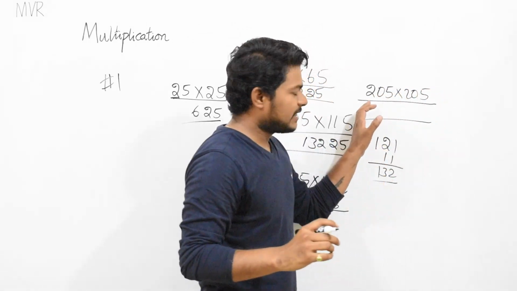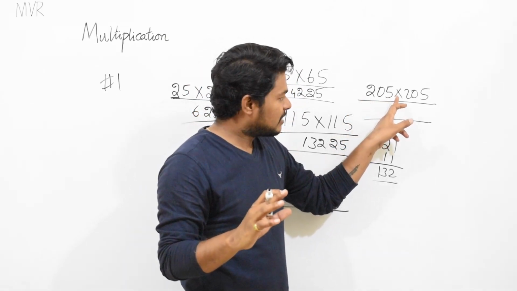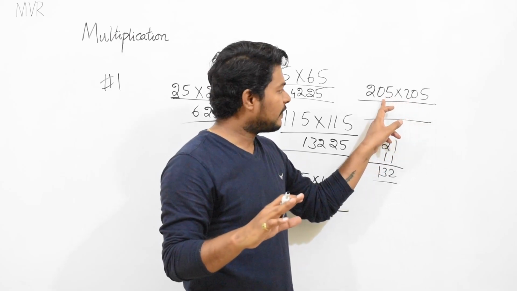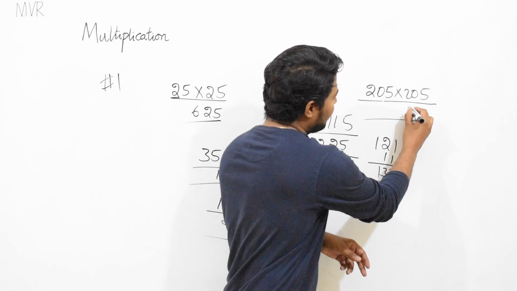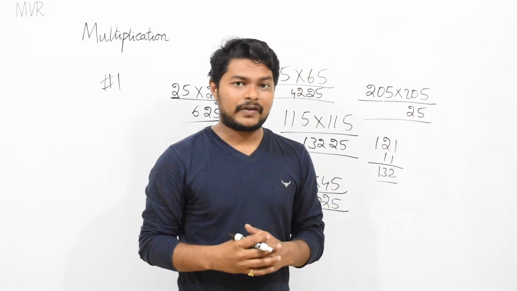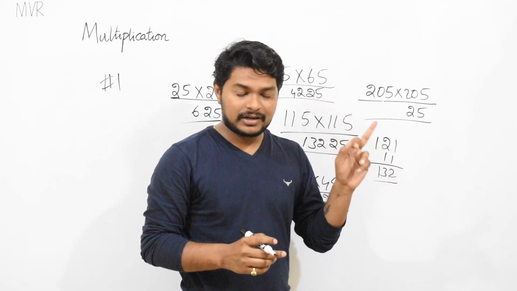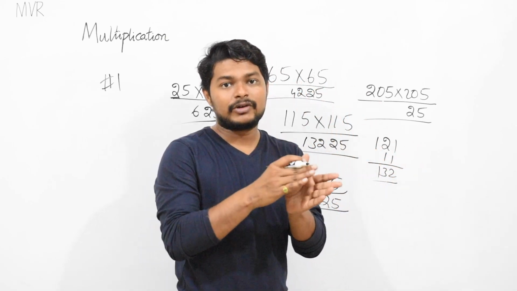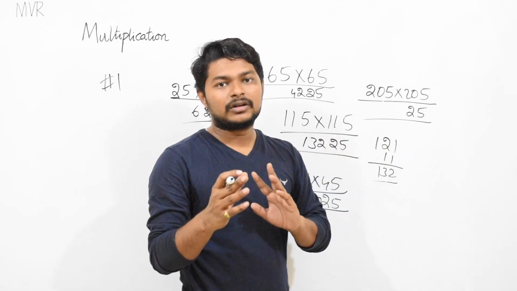See, by seeing this, 20 is in the tens place, and 5 is in the units place, which is the same. So 5 into 5 will be 25, and 20 into 21. 20 into 21 is: 20 into 20 is 400, plus 20, 420.